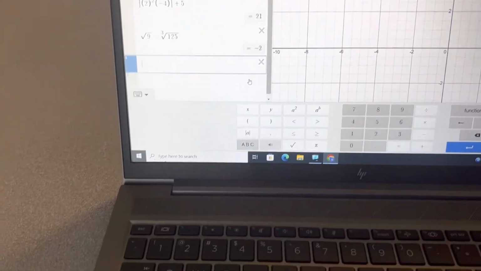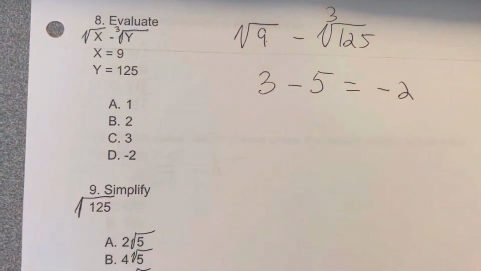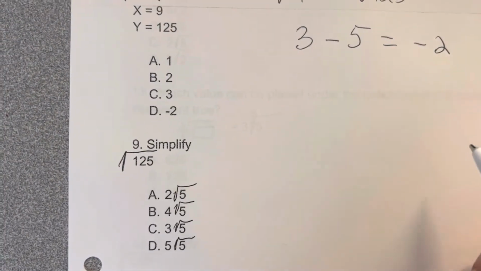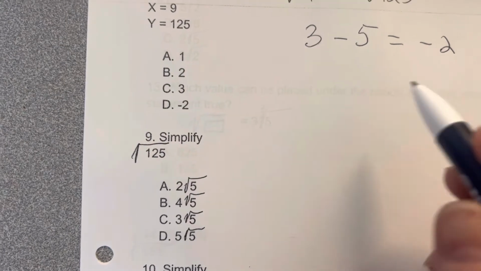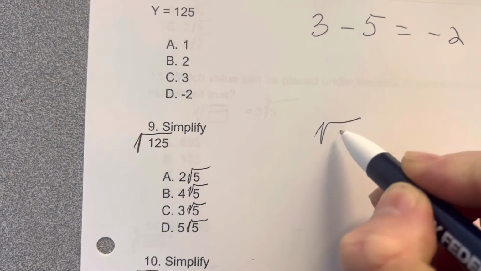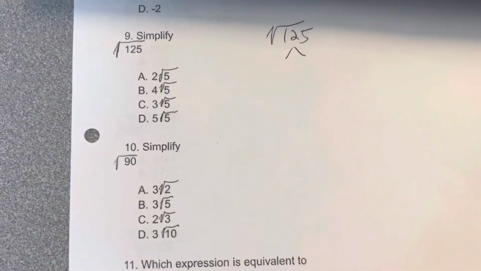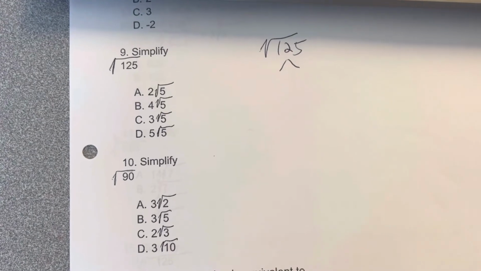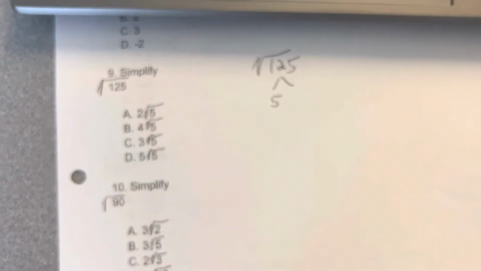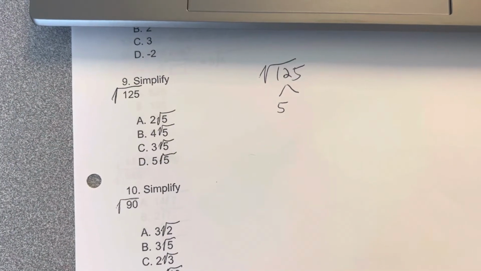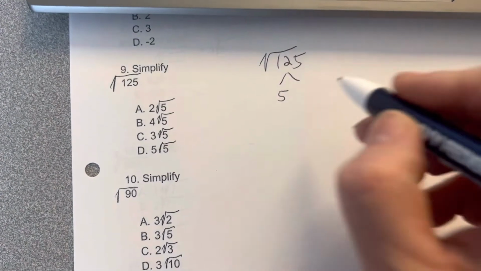All right, next one down is number 9. So in this kind of situation, I'll show you how to do it by hand, and then we're gonna do it by Desmos. So 125, we could break down by 5, so 125 divided by 5 gives us 25.